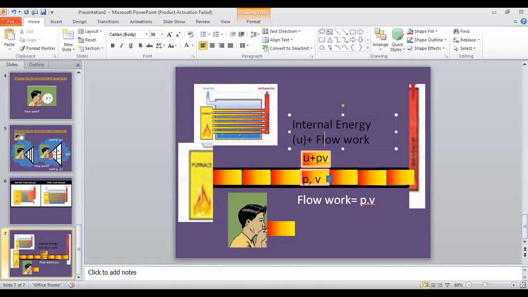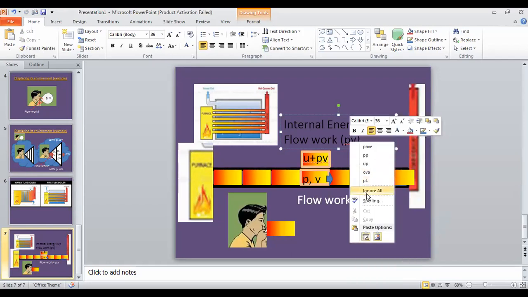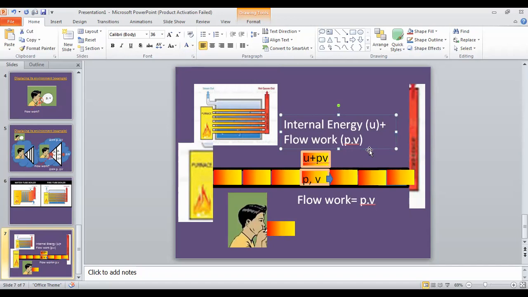Flow work, we learned from the balloon example, is P times, let's say V. V means for the 1 kg volume equivalent, let's say PV. If it is even, that can be delta, we don't worry. Yeah? So U plus PV.